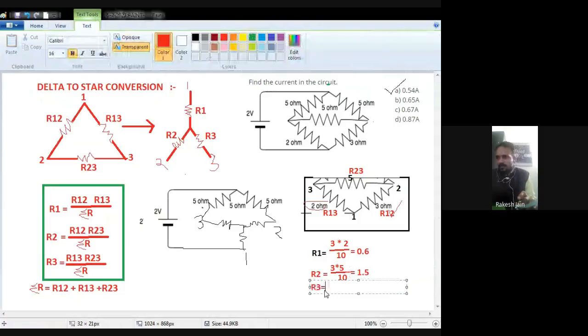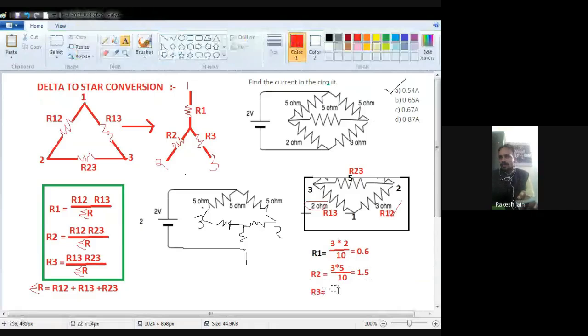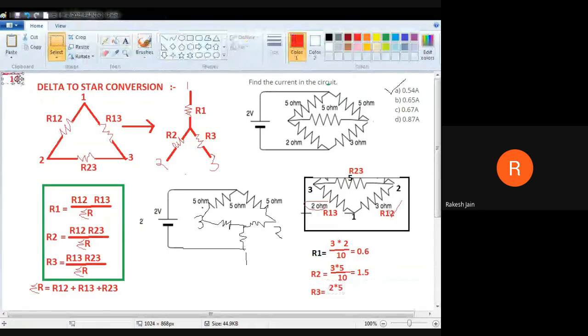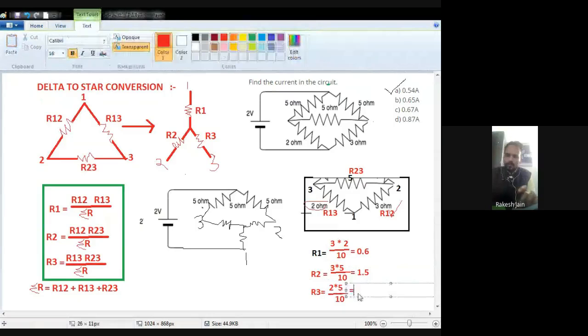So with this red color I am marking, this one is R12, multiplied by R13. Which one is R13? R13 is this 2 ohm. Okay, and this one is your R23.